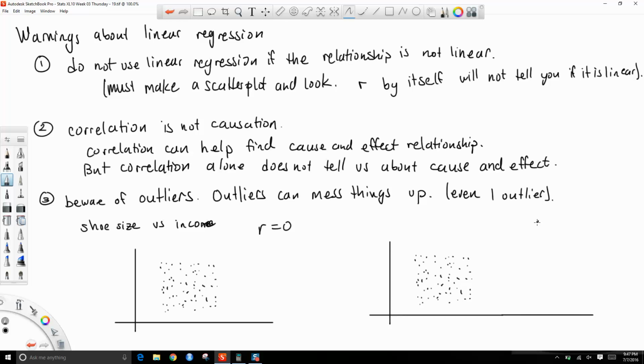Yes, so he would be somewhere out here: high income and big feet. And so over here we would see no relationship like this. But just this one outlier, with Shaq suddenly in it, suddenly affects it like this.